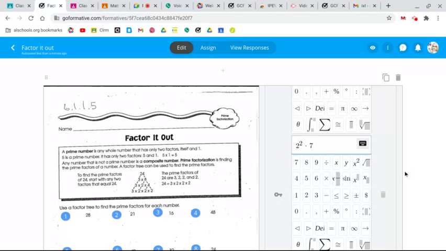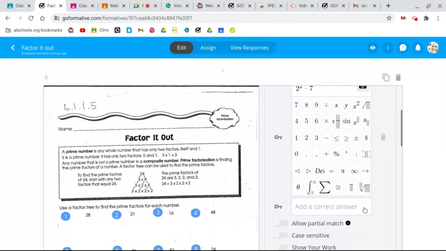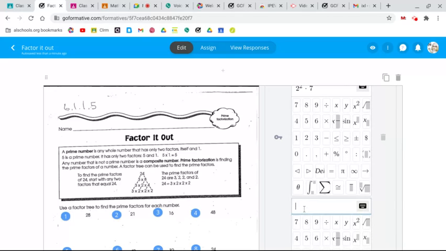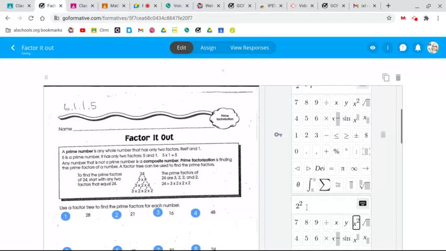And then another possible answer would be without any spaces, which would be 2 to the second power times, I'm going to use an X, and then 7, no spaces. Things like that.